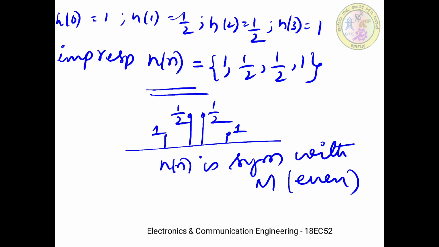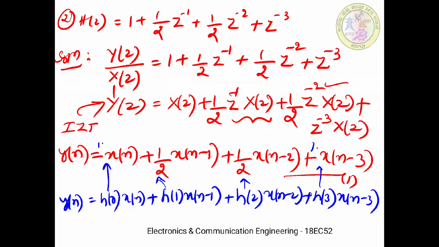implementation of the system. The final equation used for the implementation is after grouping the coefficients. Here we have two terms which are multiplied by the coefficient 1 and 1, and two terms multiplied by the coefficient 1 by 2.